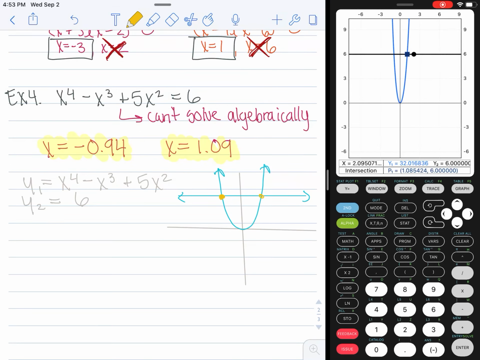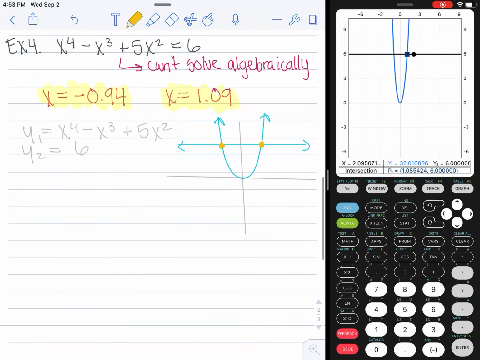That's how you show your work when you're graphing. Alright, well, let's just do one more then. Example 5.